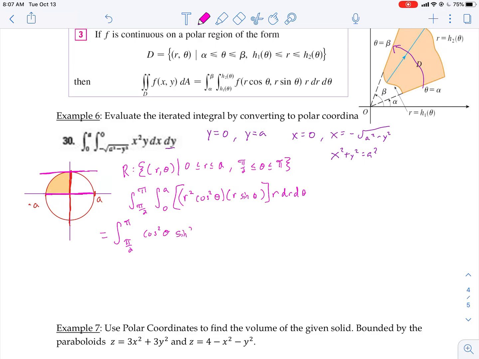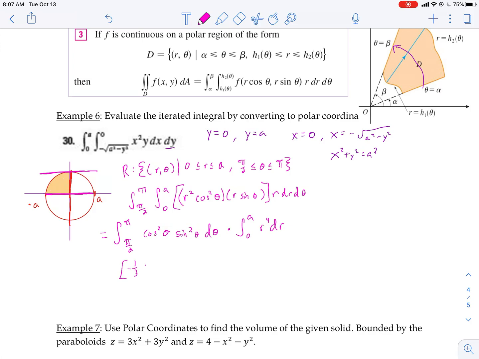I'm going to bring out cosine squared theta sine squared theta d theta, times the integral from 0 to a. I have r squared times r, so r to the 4th dr. I'm going to integrate cosine squared theta sine theta.